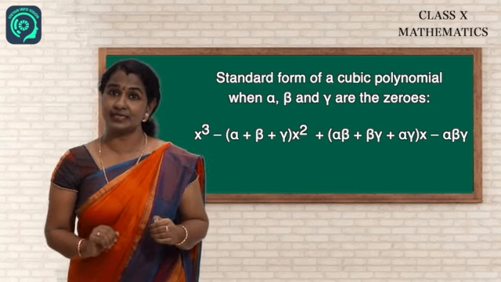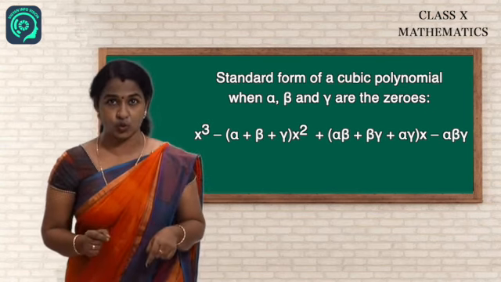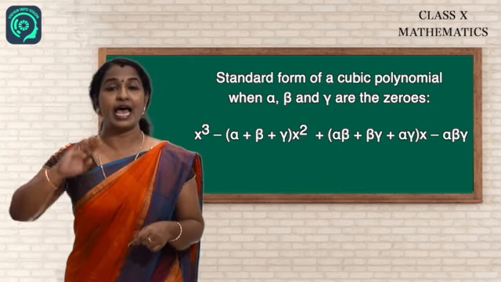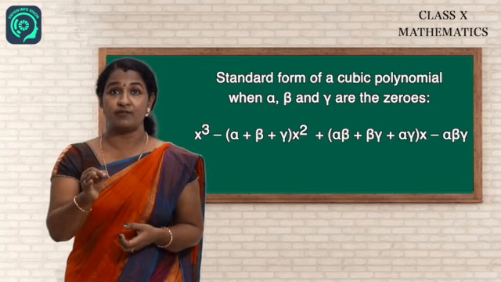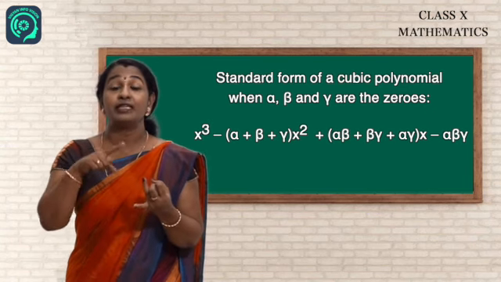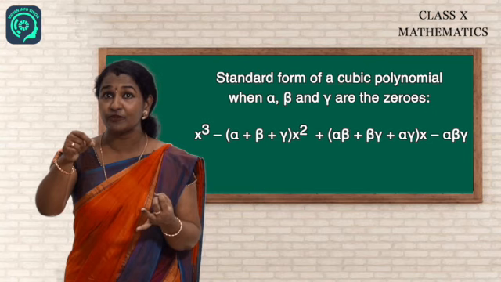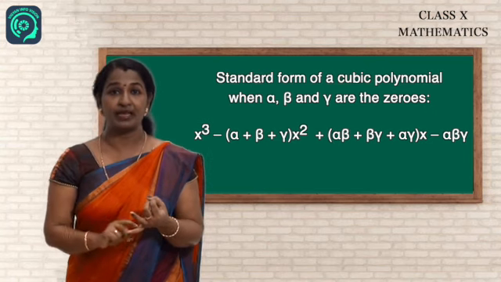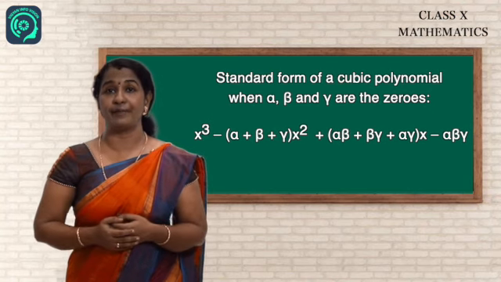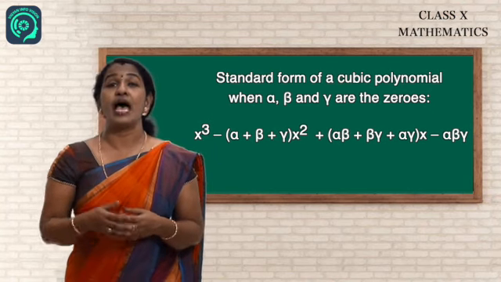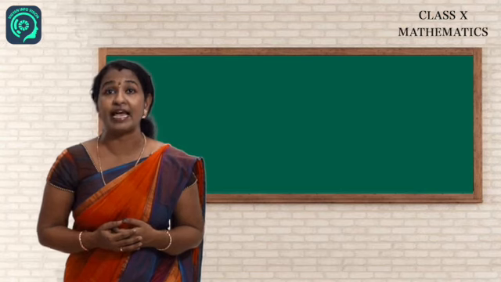So, the first term is x cube, the second term is x square, the third term is x, and the fourth term is a constant term. If you are given the sum of the zeros, the sum of product of zeros taken 2 at a time, and the product of zeros, you will be easily able to apply that in this formula.